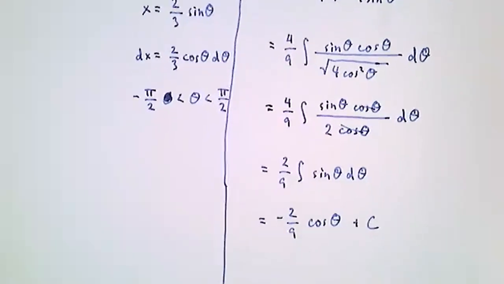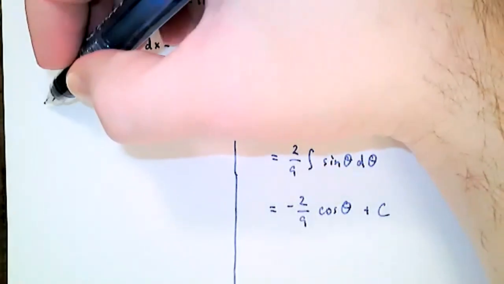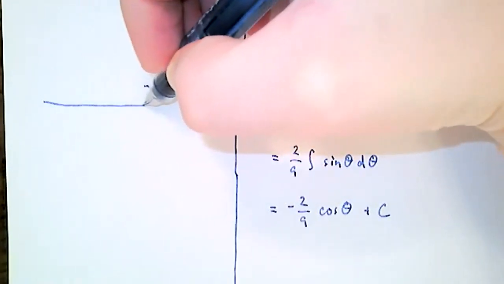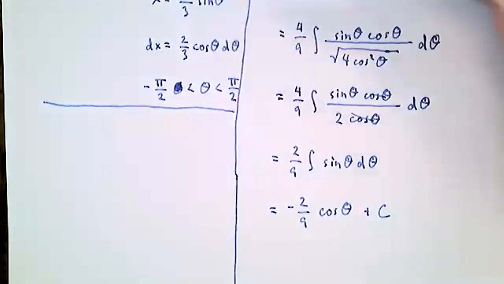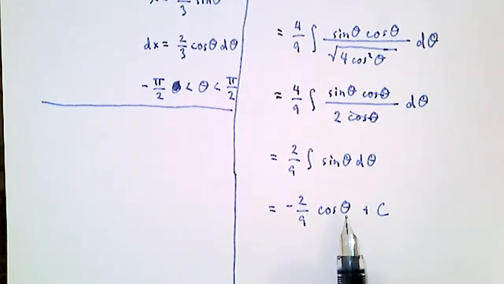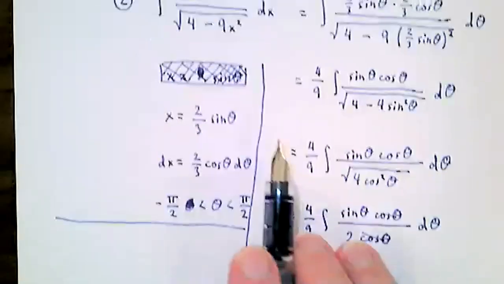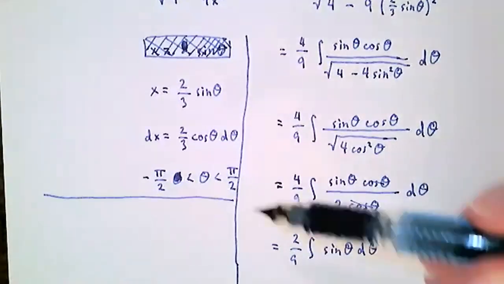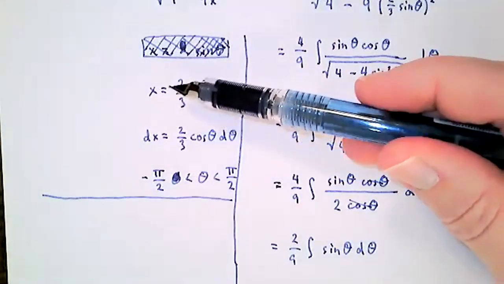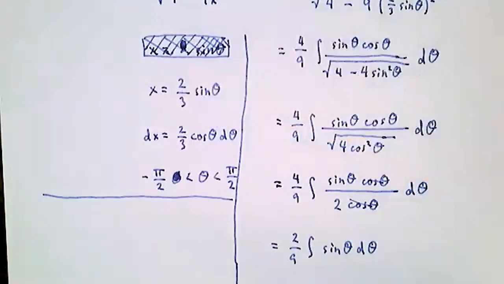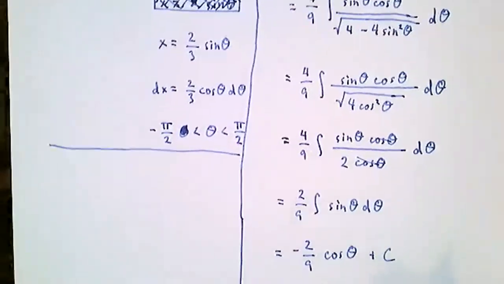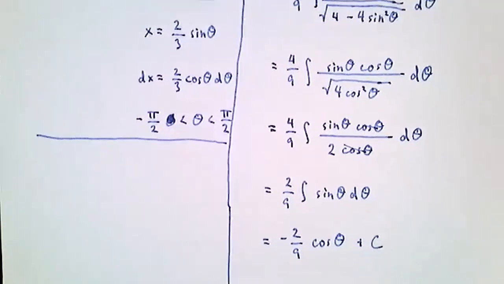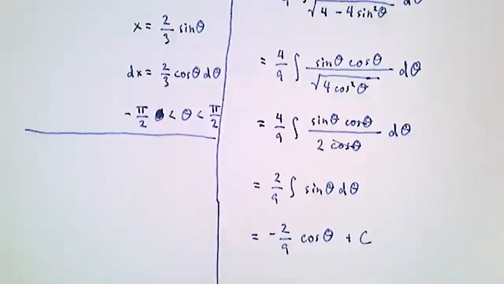Okay, but now we have the same kind of problem, the same kind of issue that we ran into in the last one, where we have thetas in our answer, but we really need it in terms of x. So let's think about this guy here and make a reference triangle. Let's see, adjust this so that we can see everything important.